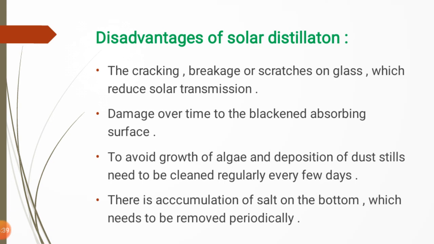Now the second disadvantage is damage over time to the blackened absorbing surface. That means there is damage of the black absorbing surface due to overheating. The material should be very useful for absorption, so we have to take care of that.